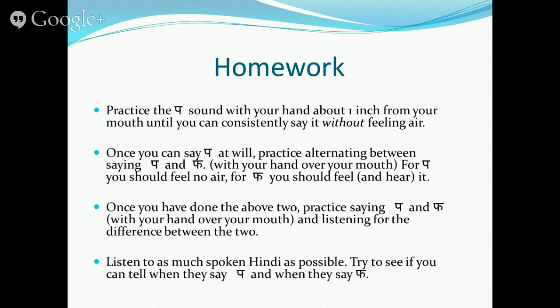And then listen to as much spoken Hindi as possible and see if you can tell when they say pa and pa. Because a lot of times in music, they hold more cleanly to the correct literary standard than the average human being.